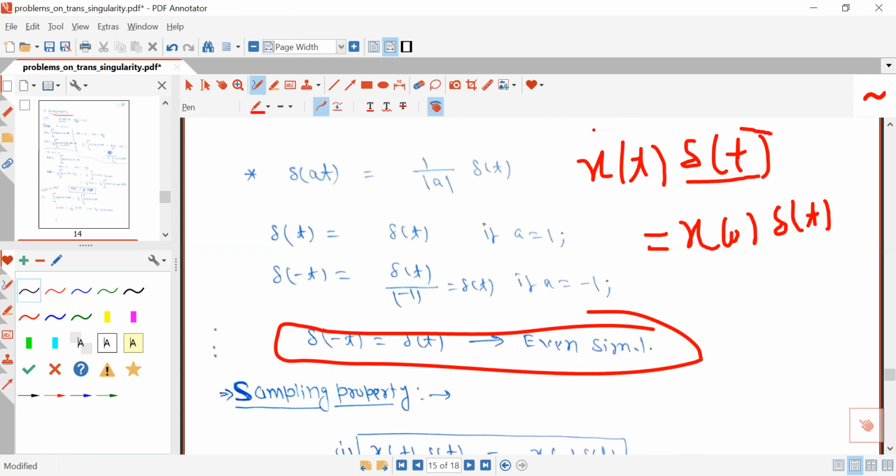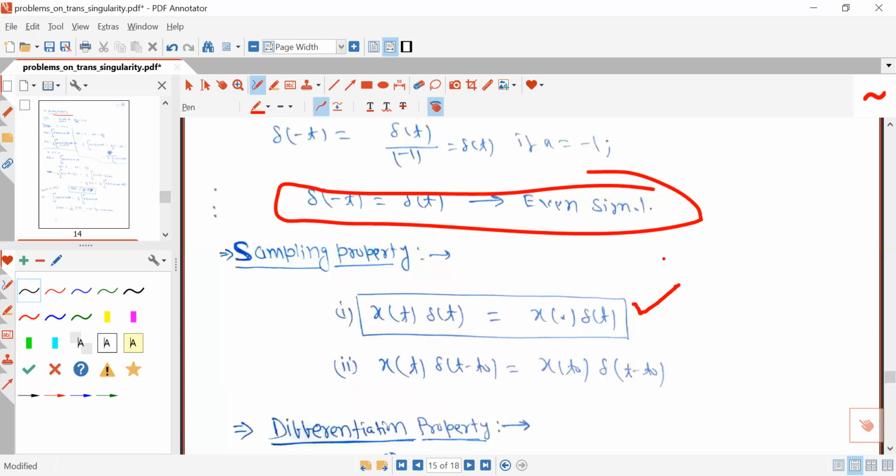So this product will be 0 everywhere except at t equal to 0, where its magnitude is not defined. So this product can be replaced by x naught and delta t. So this is sampling property.